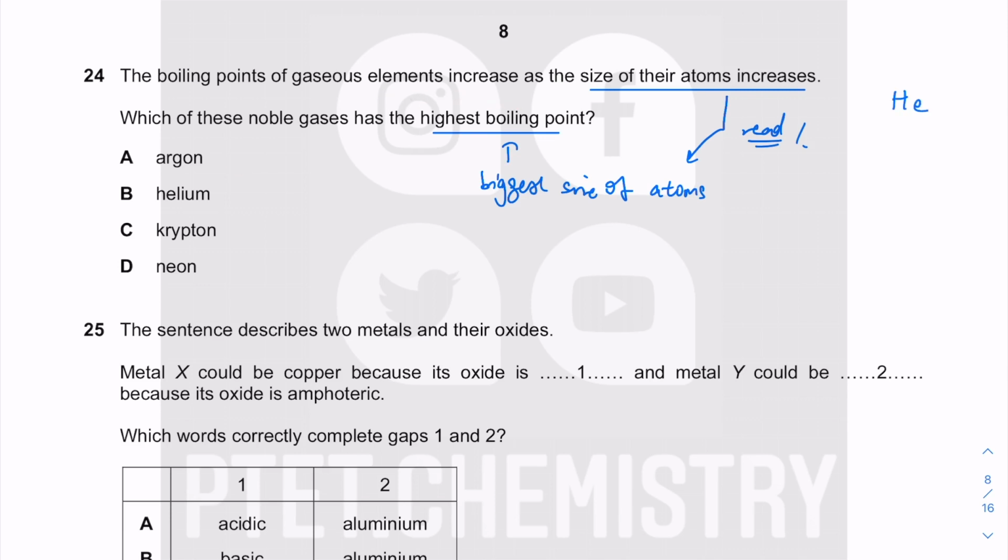So group 8, helium, neon, argon, krypton, xenon. The size of the atom increases as you have more and more shells being filled in across each period. So the one furthest down, we're looking at krypton. Out of the 4, krypton is the one furthest down. If you have xenon, that will be the answer there as well.